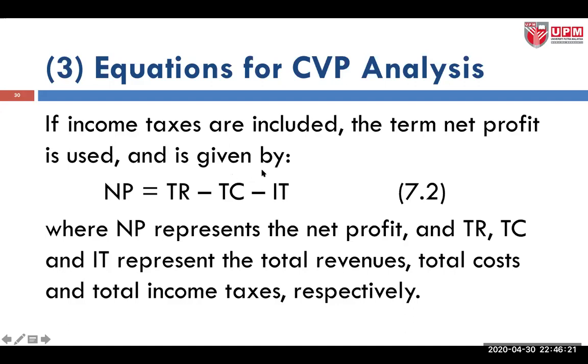Normally when the accountant prepares the financial account, you will see those two values. One is the gross profit and the other one is the net profit. In terms of the net profit, you include the income tax, the IT, in the equation.